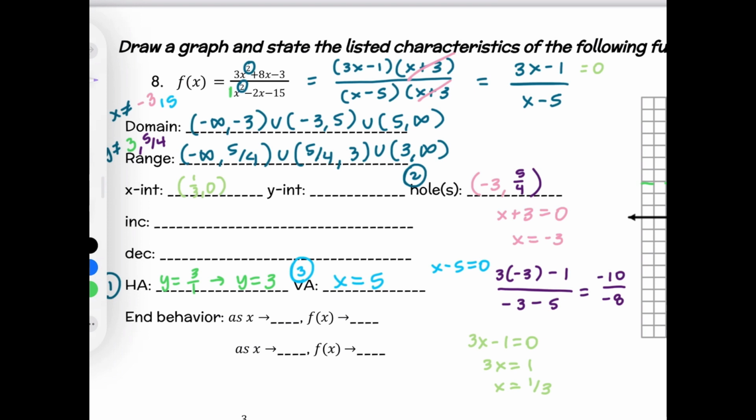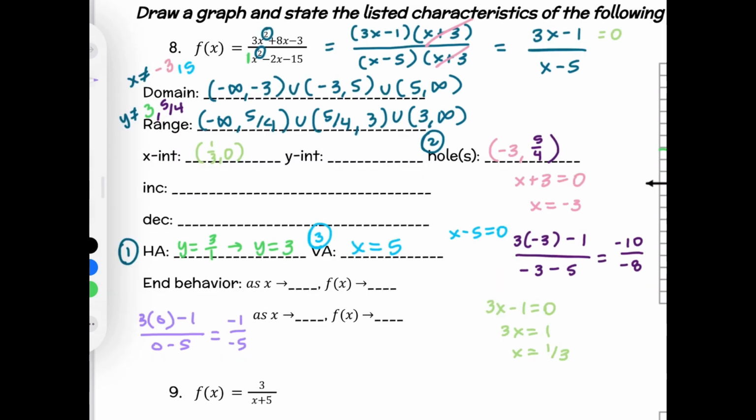So I'm going to plug it into the simplified one. So everywhere there's an x, I'm going to put 0 instead. All right, 3 times 0 is 0, minus 1, and then 0 minus 5 is negative 5. So our y-intercept would be 0, 1/5.